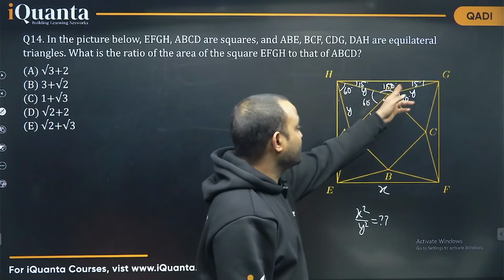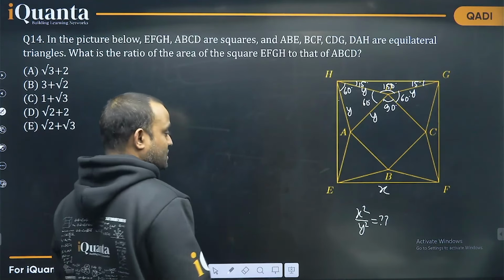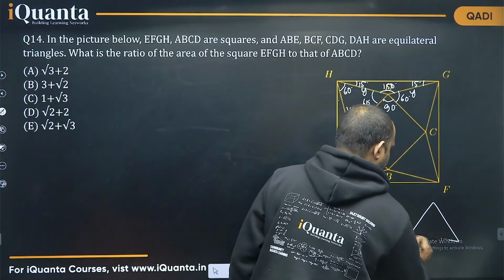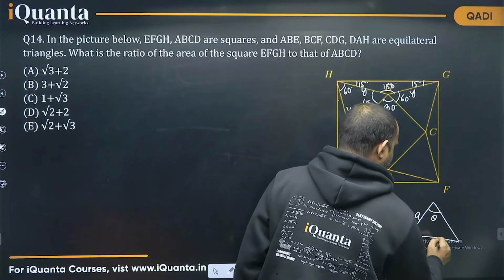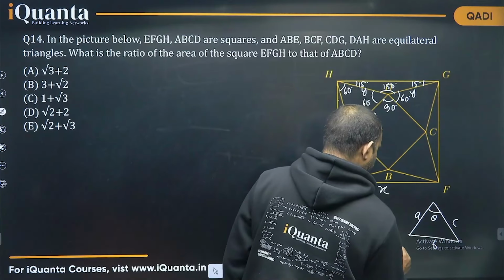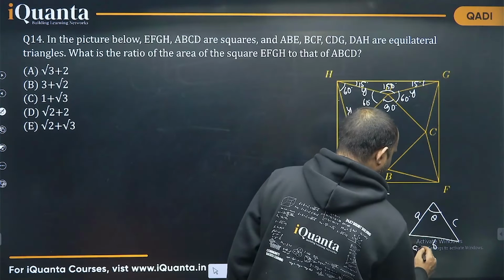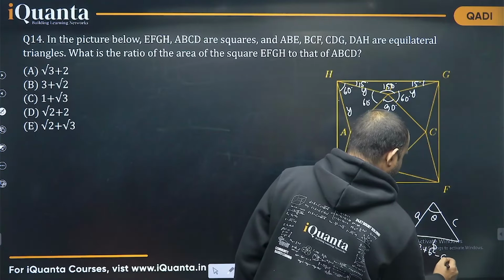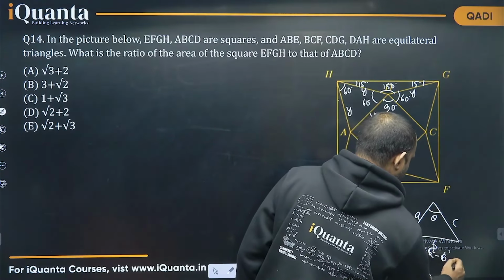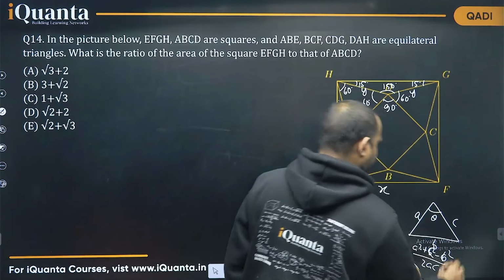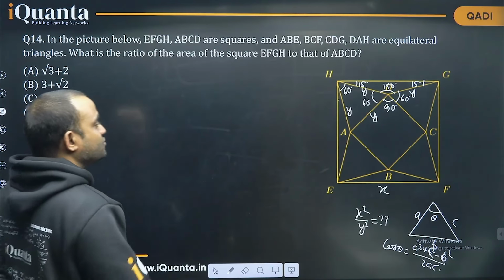Now, in this triangle, we can use the cosine formula. The cosine formula says that if there is an angle theta and side lengths are A, B, C, then cos theta will be equal to A square plus C square minus B square upon 2AC, right? This is what we are going to use here.